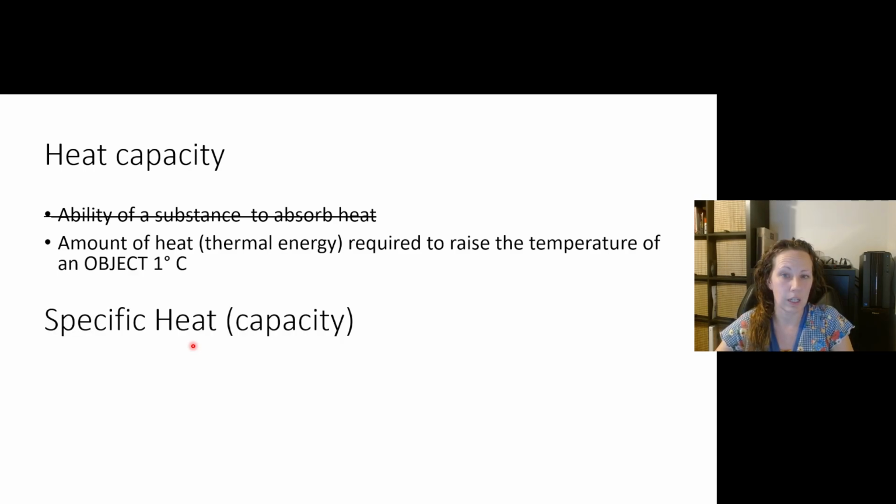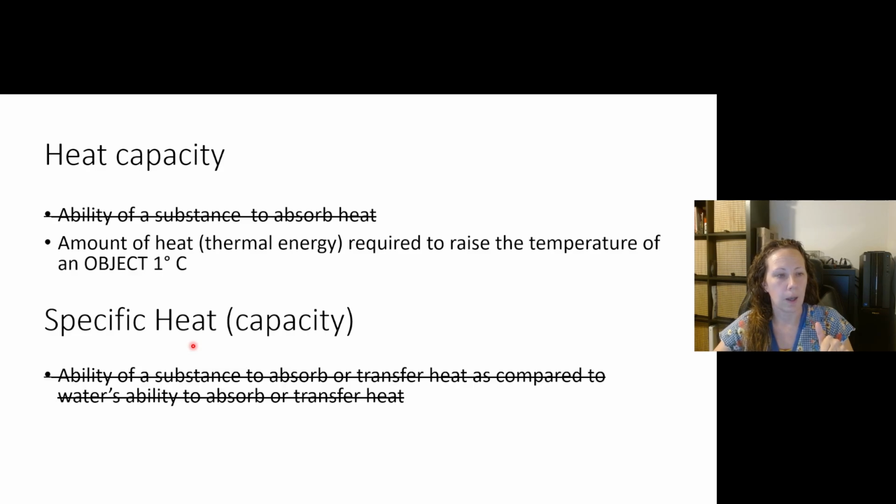Okay, specific heat, which could also be called specific heat capacity. So the book is referring to it as specific heat, but in some places you'll see it as specific heat capacity. Same thing. And having that capacity there helps you understand a little bit more what the difference is between heat capacity and specific heat capacity. So the book says something about compared to water's ability. Ignore that.